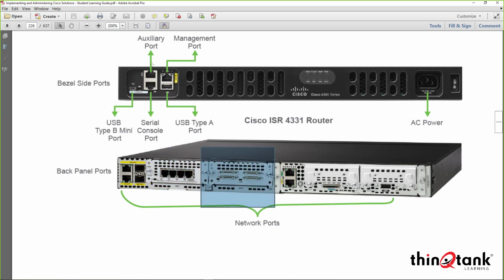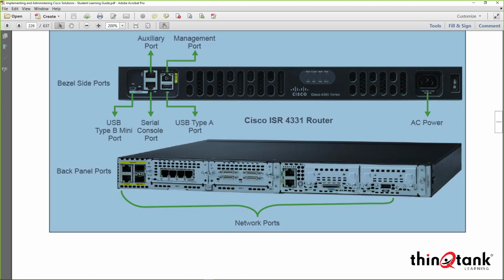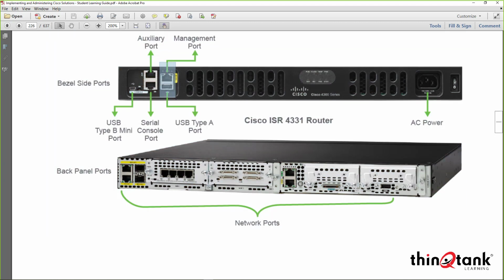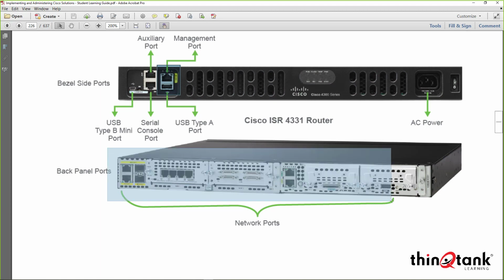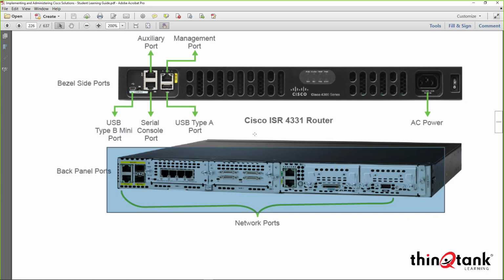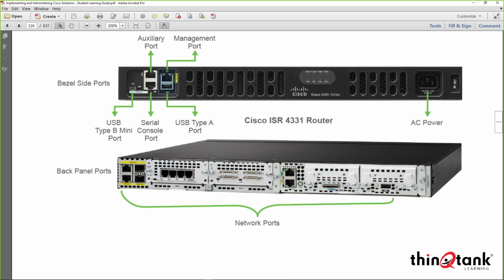We also have maybe some management ports. So we've got out-of-band management ports like a console port or an auxiliary port. We've got maybe an out-of-band TCP/IP management port. So for example, when you see a service port like this or an Ethernet port that's separate from the functional ports on the back, this is used for out-of-band management over TCP/IP.